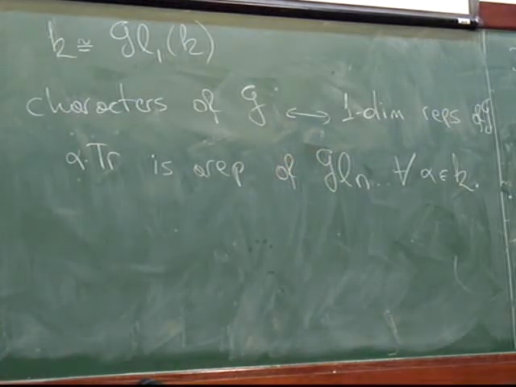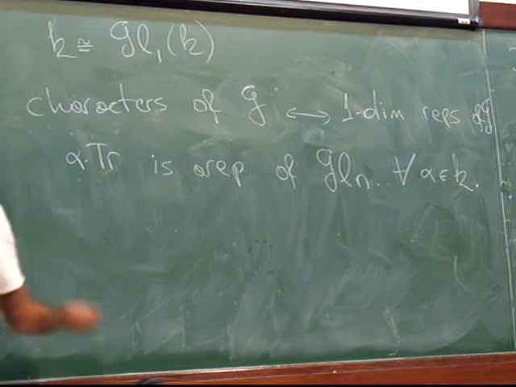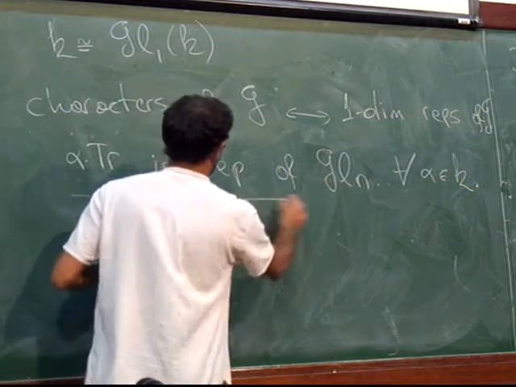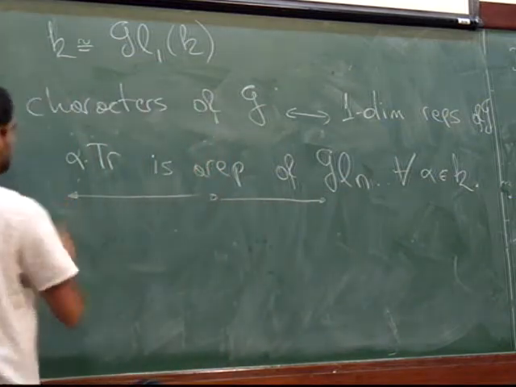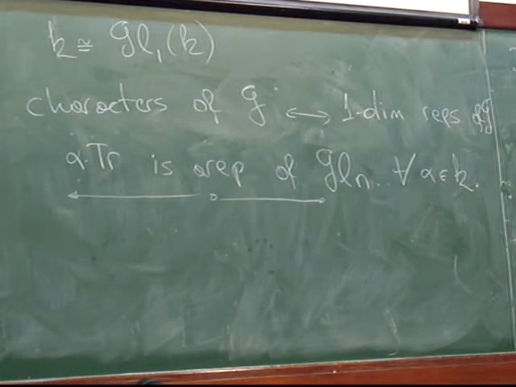So now we can produce some representations. Okay, so let's give some more. Let's check a couple of them. And then we'll go back to producing more examples of Lie algebras.